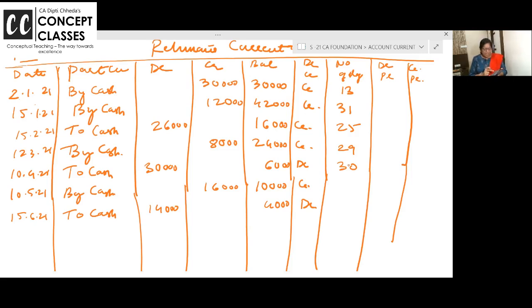So 10th May, 30 minus 10, 20 days of May, 15th of June, 35 days.